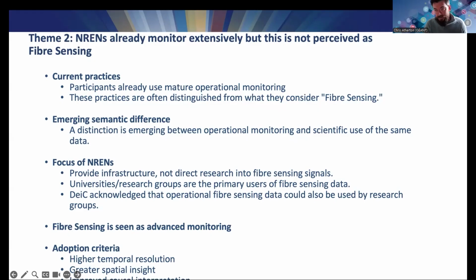So this is why we came up with this theme of NRENs already monitor extensively. This was shown by some of the NRENs that we interviewed running daily OTDR sweeps on the network. Some already have quite a lot of extensive experience with using fiber sensing in an operational setting. But because of the new technology that's coming in, they don't perceive what they already do as fibre sensing.